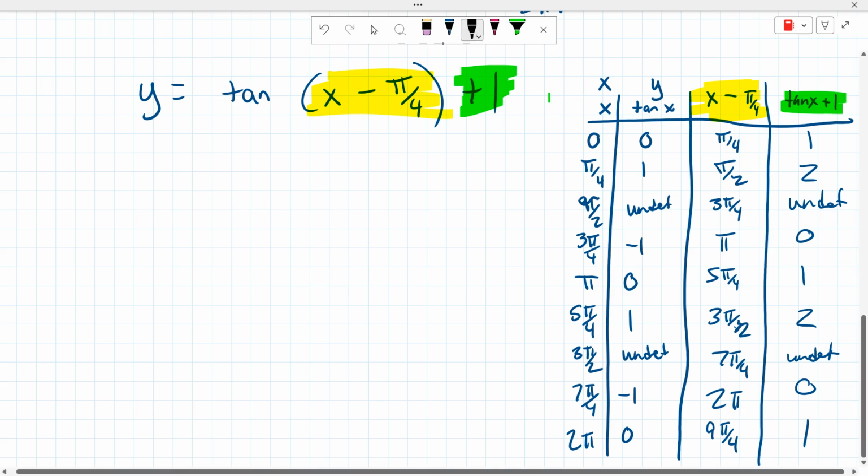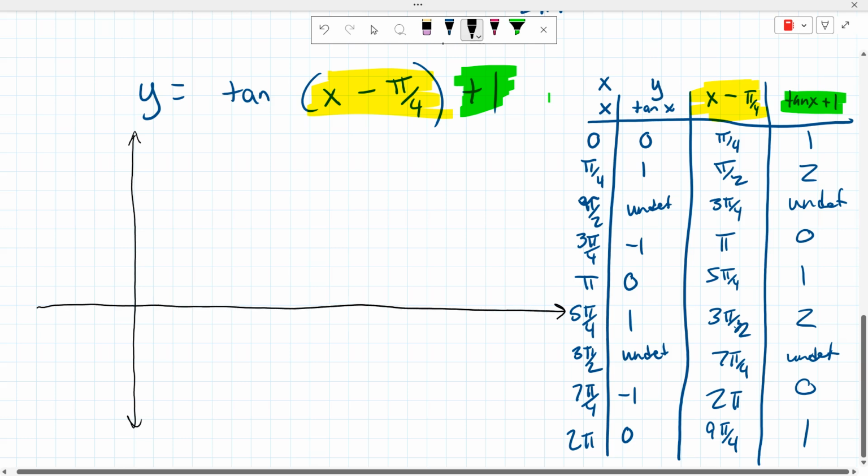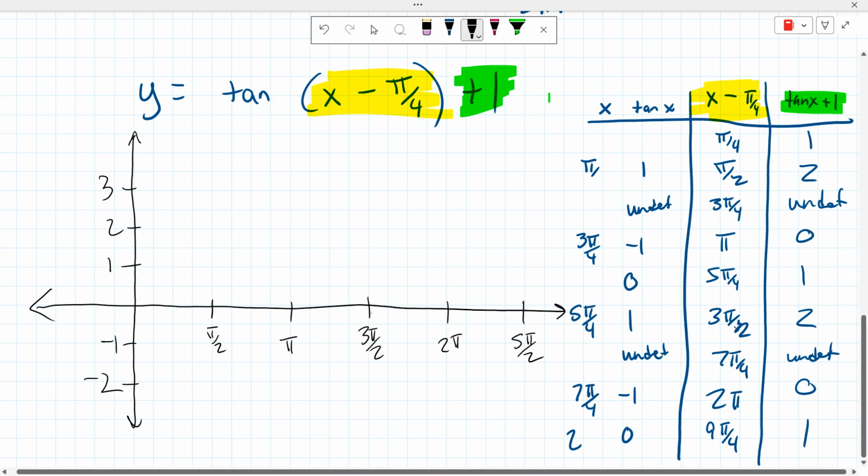So then graphing this. We do not graph either of these two columns because we have two new columns.